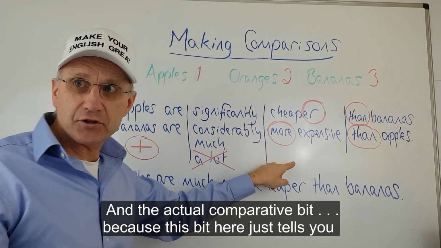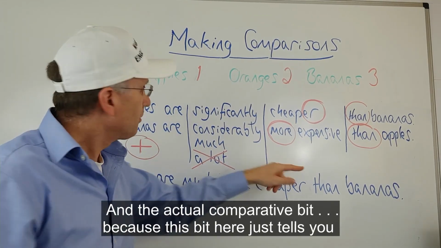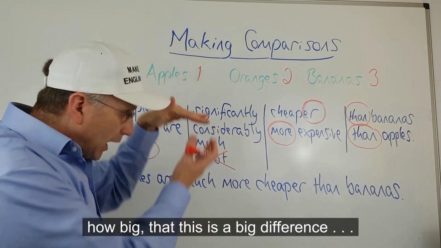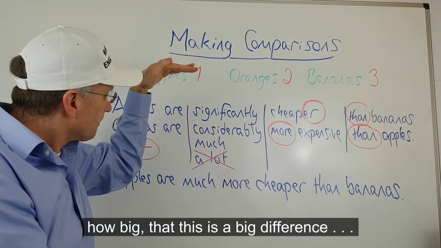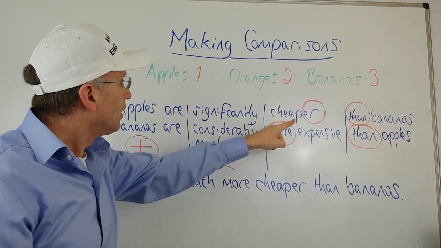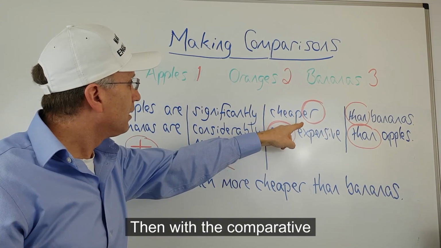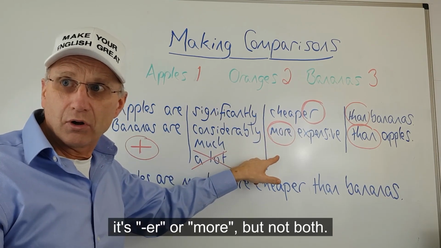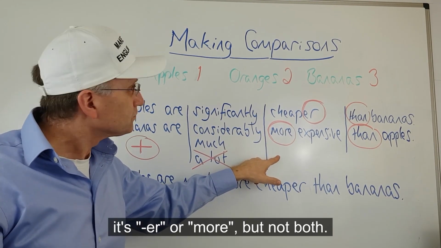And the actual comparative bit, because this bit here just tells you how big the difference is, with the comparative it's ER or more, but not both.